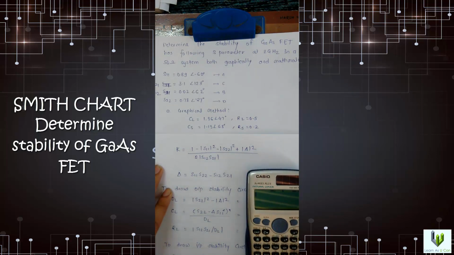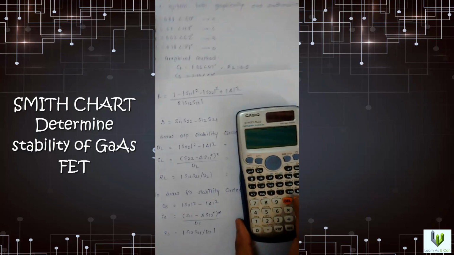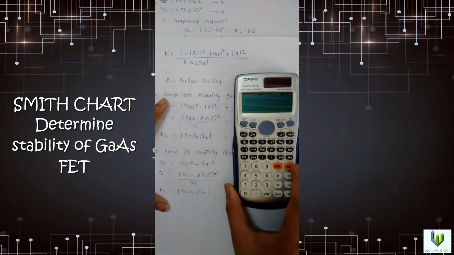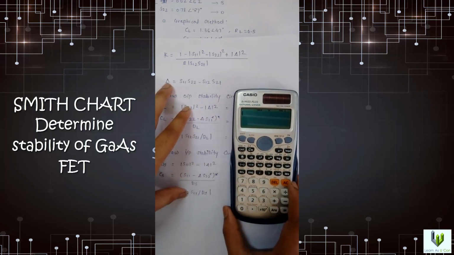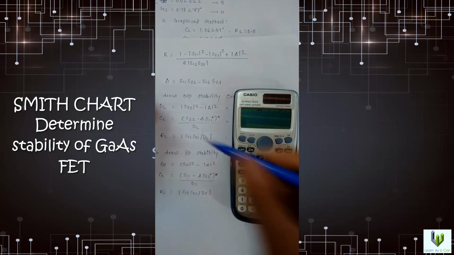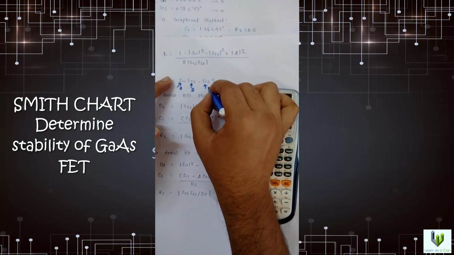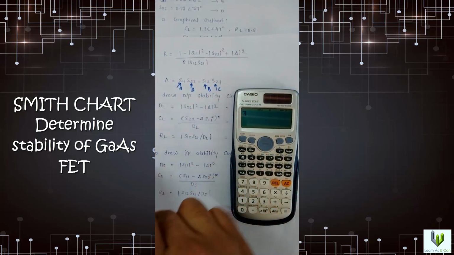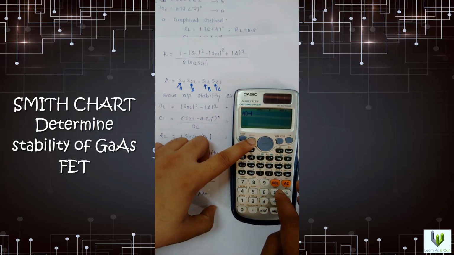So you find this DL and delta. First I am calculating this delta. The delta is equal to, I am replacing here A, D, B and C. So alpha A, alpha D minus alpha B, alpha C is equal to delta.